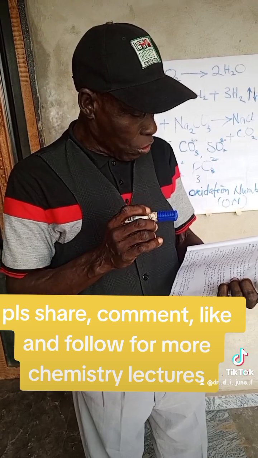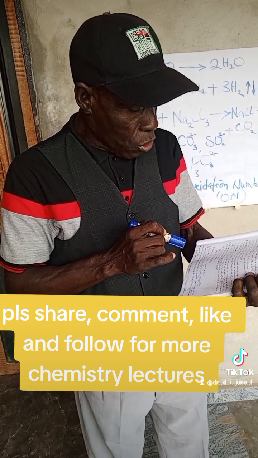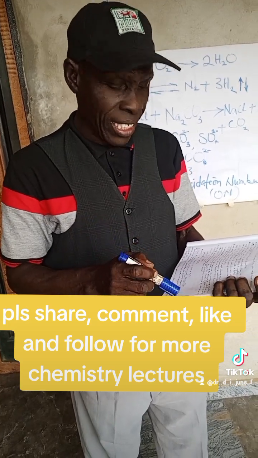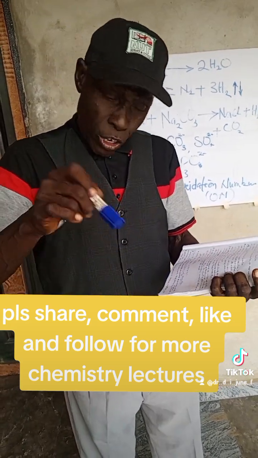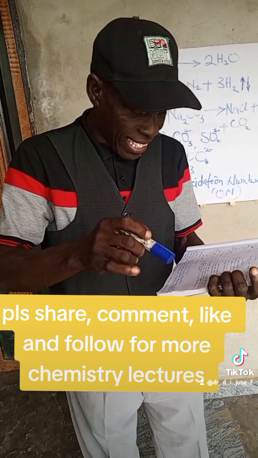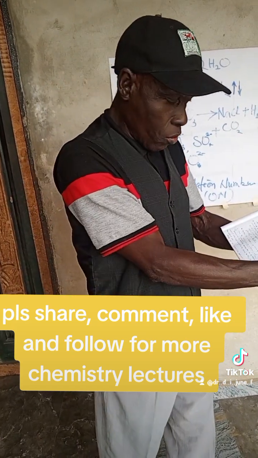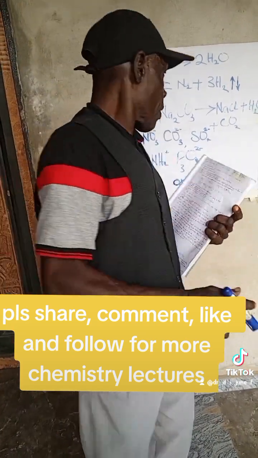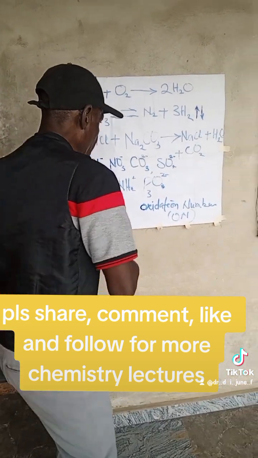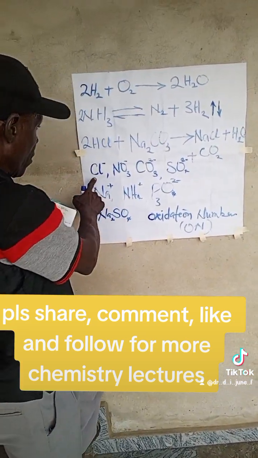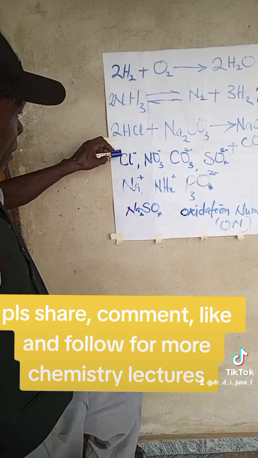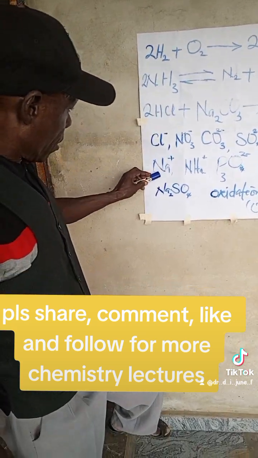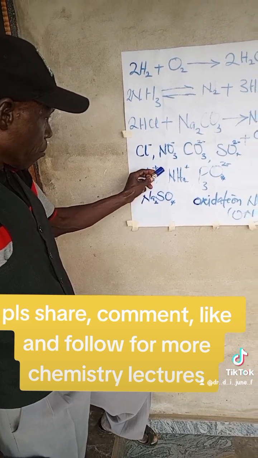The number three thing you ought to know is how to exchange and write the oxidation numbers of the elements or radicals below and to the right-hand side of the symbol. Now, let me give an example here. See sodium, +1. See chlorine here, -1.